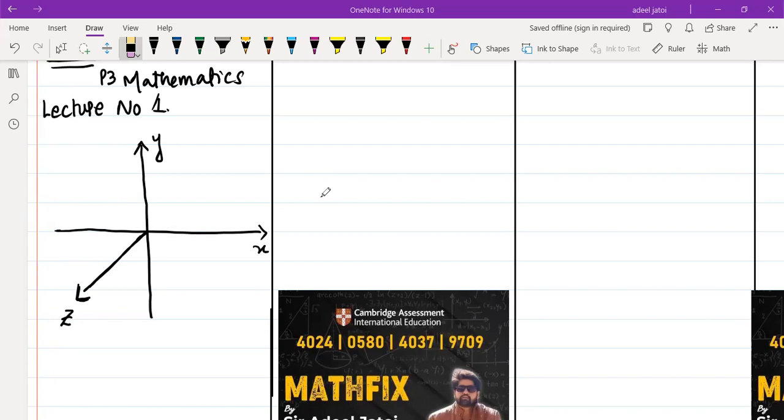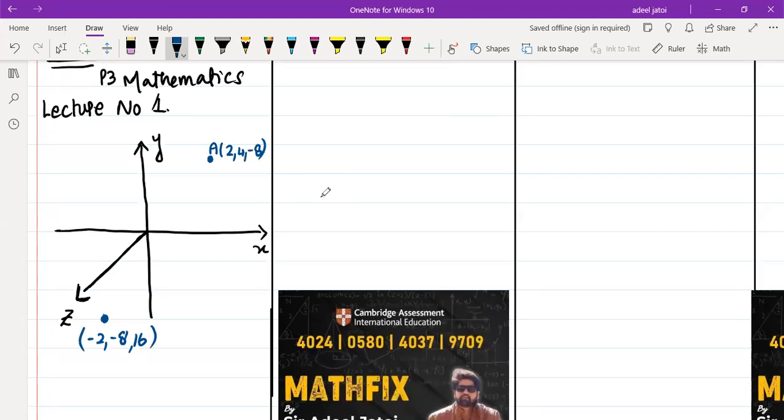Now, let's just say this is your point A. This point will have 3 values, let's say 2, 4, and -8. And let's work upon B. So B is -2, -8, and 16.